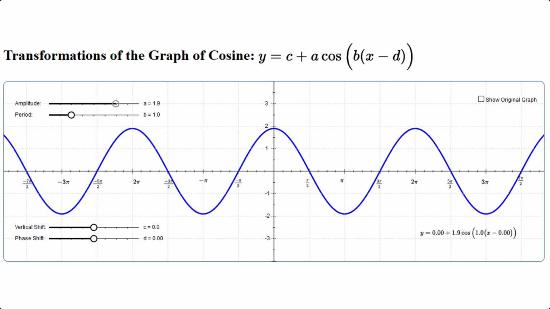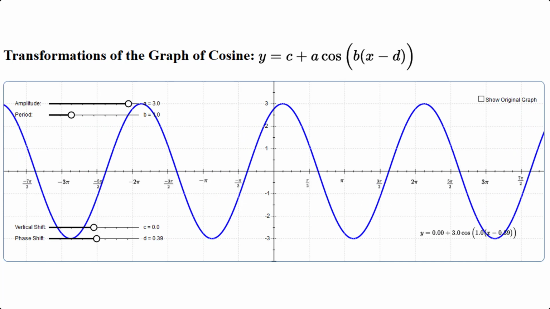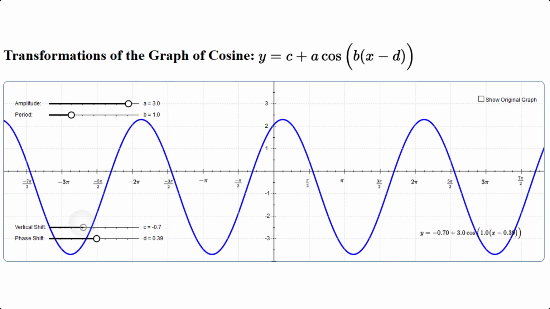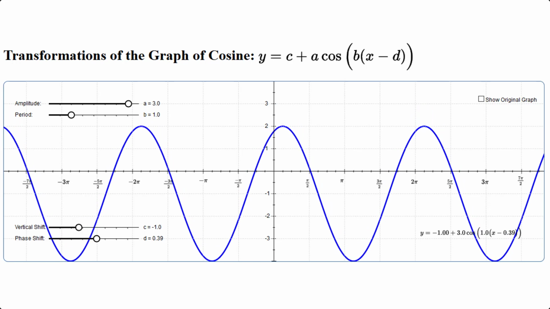It's like if you had an amplitude of 3 and a vertical shift of, say, -1. Then the vertical axis that you're changing about is just shifted down 1.